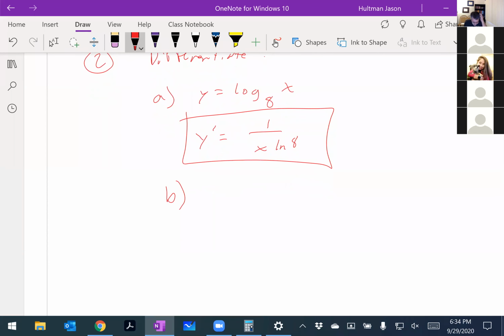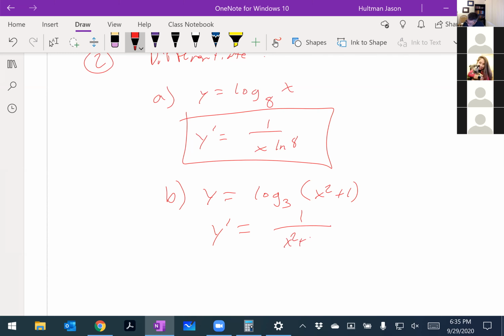Okay, what about b? B is equal to y to b or not to b? That is the question. Log base 3 of x squared plus 1. This is going to be y prime is equal to 1 over whatever this is after the log.